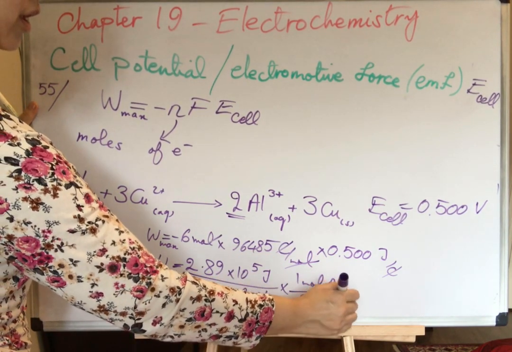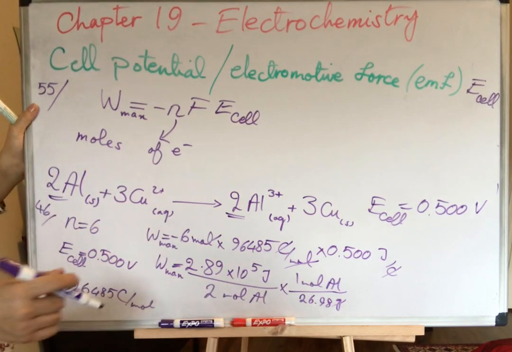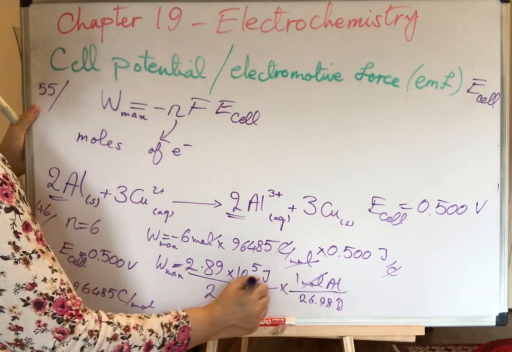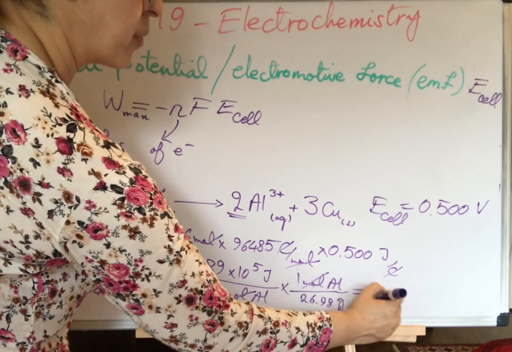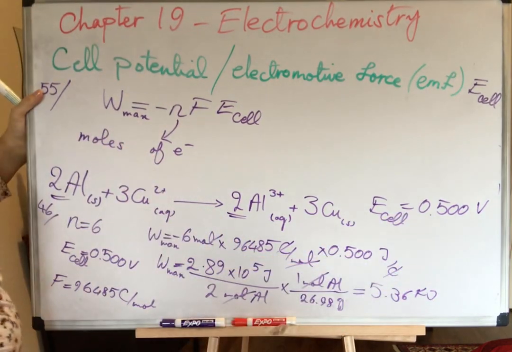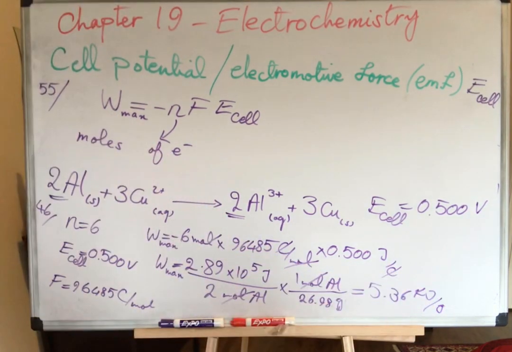So when you convert, it's going to be 5.36 kilojoules per gram. So that's how you use this formula and the number.